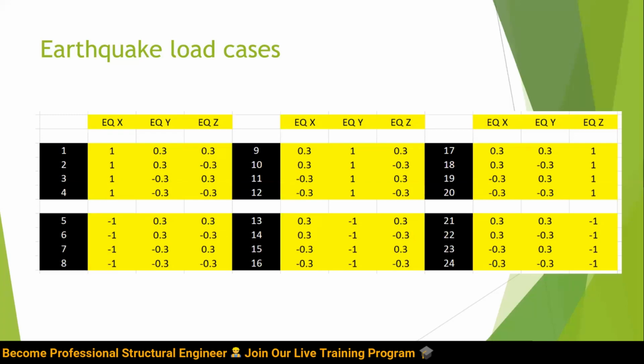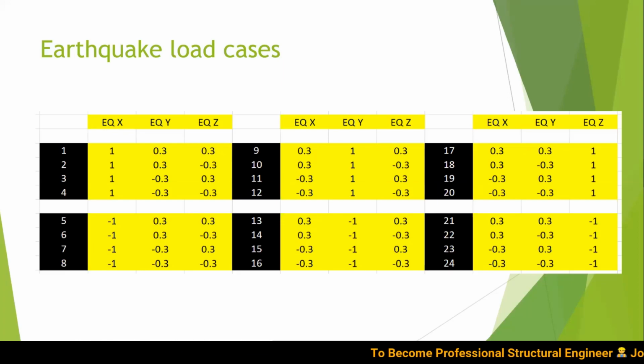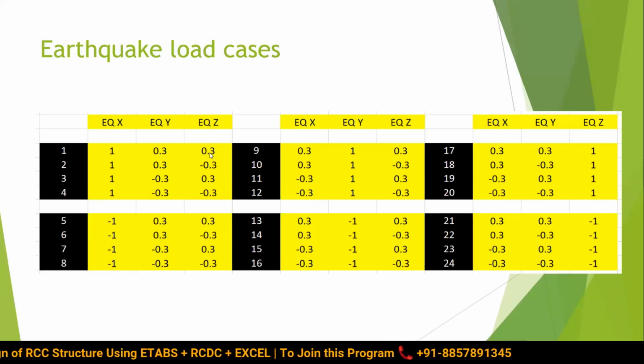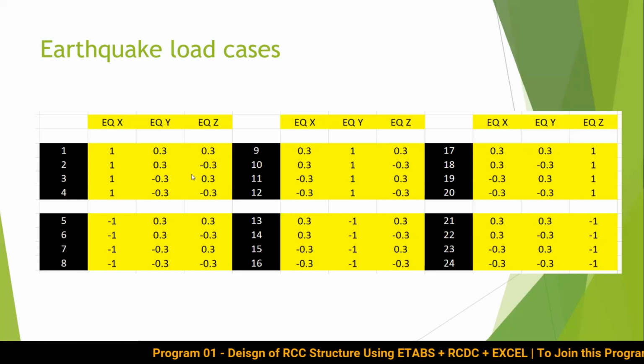If we have a structure where we want to consider all this 30% also, in that case, let's understand how many types of load cases we have. We have the load in x direction with a factor of 1. In that case, for y we could have plus 0.3 and in z also plus 0.3. Then y is plus 0.3, z is minus 0.3.